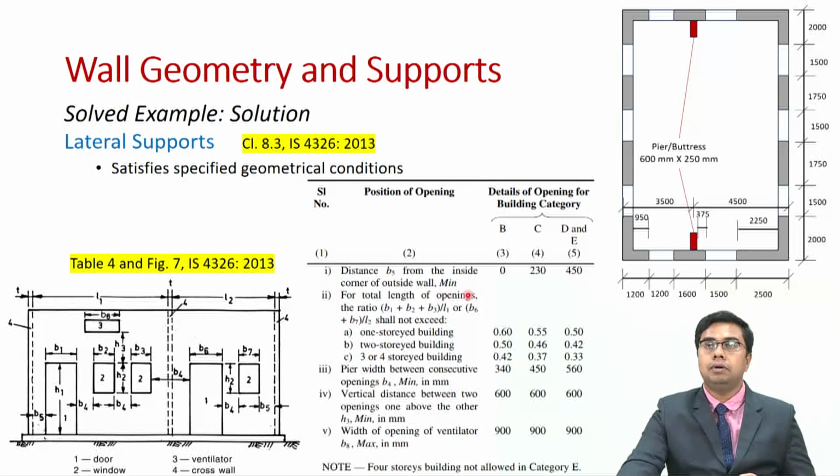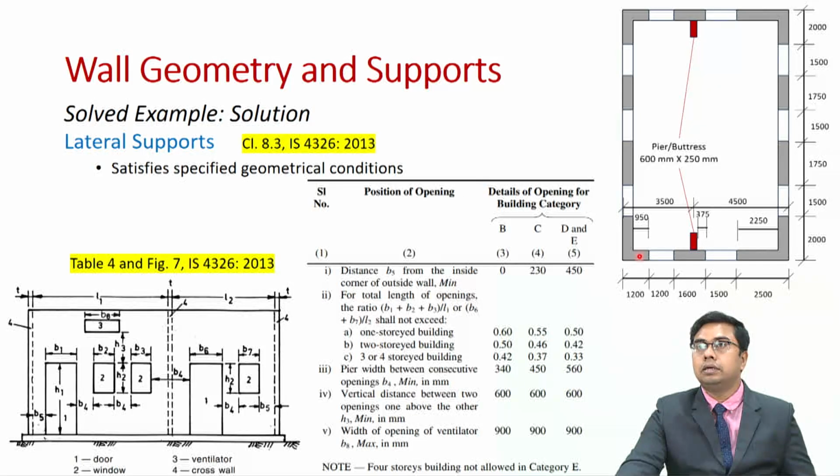So we have been able to satisfy all these geometrical conditions specified in table 4 and figure 7 of IS 4326. All these criteria are required for good seismic behavior, that is stable behavior during earthquakes. Now at this point I am not saying that our building satisfies all these criteria, because I am only dealing with this wall.